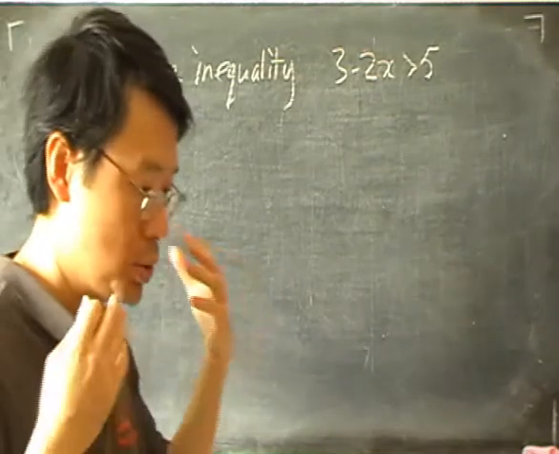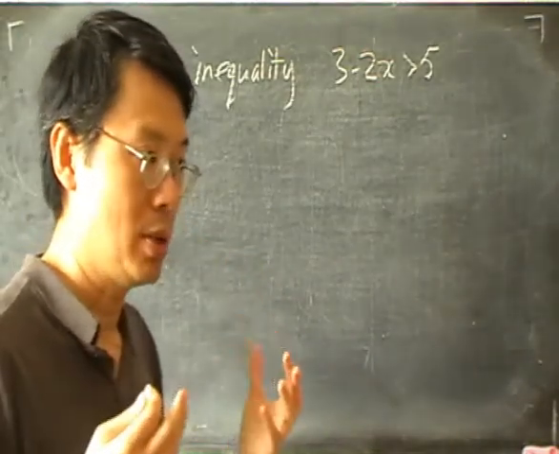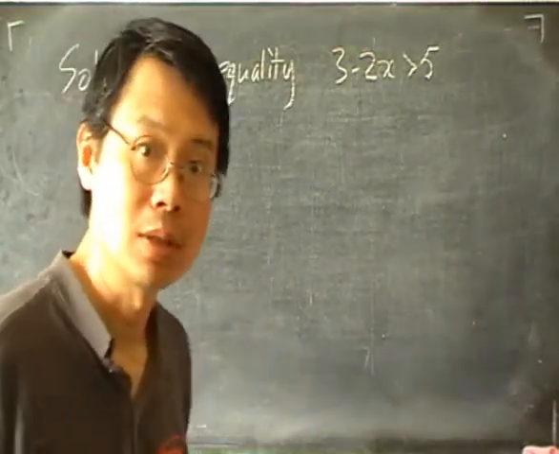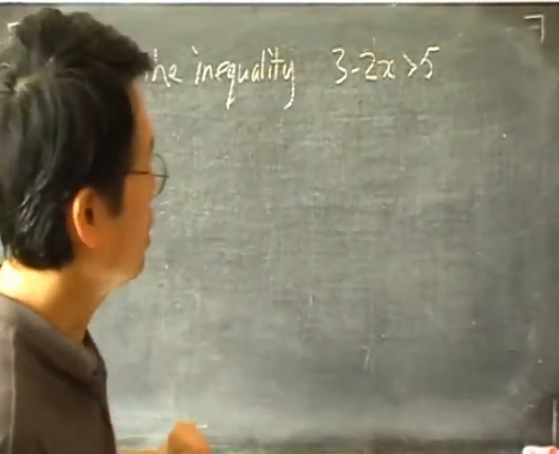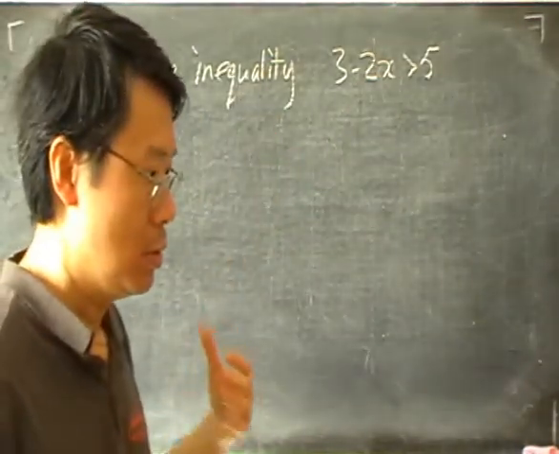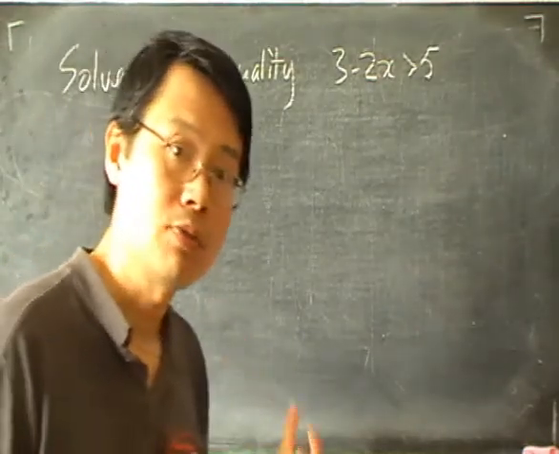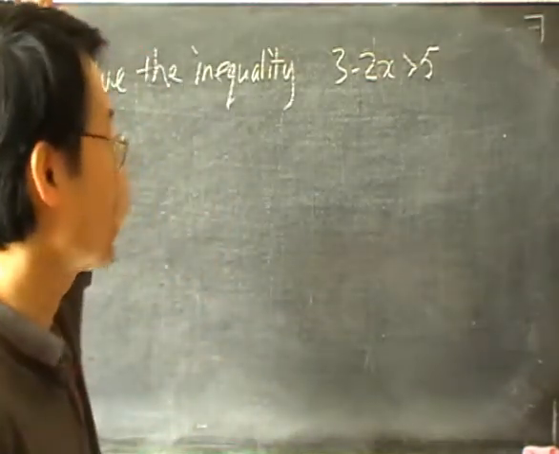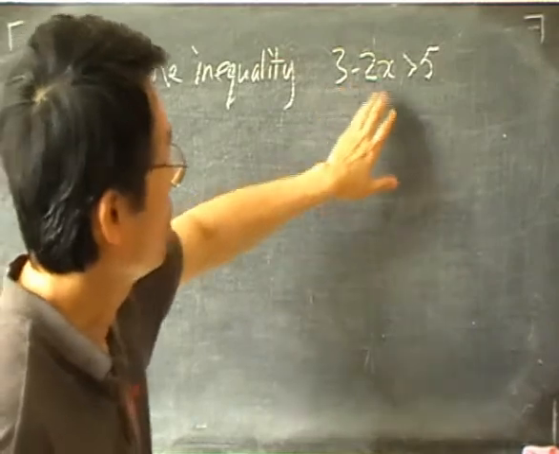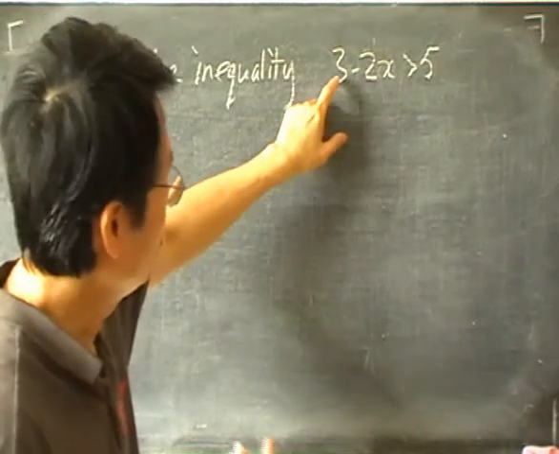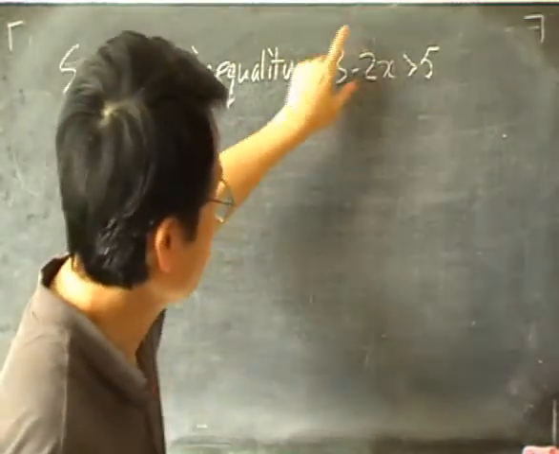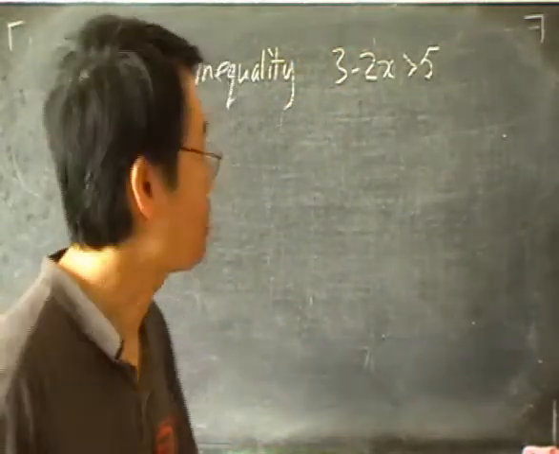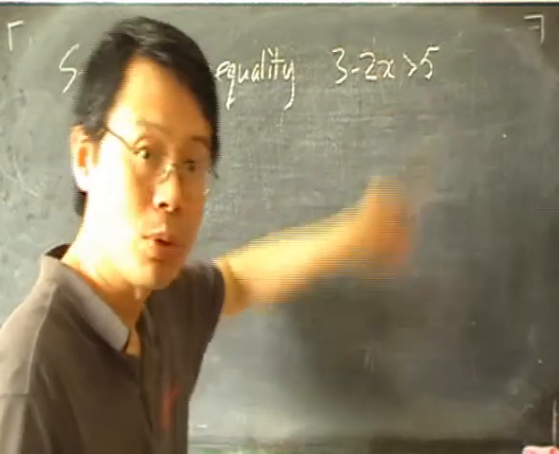In an equation we solve for x, we want to find out what number the x is equal to. But for an inequality, we want to find out the inequality for x itself. Meaning that in this case, we know that 3 minus 2x, which is just another number, has to be more than 5.